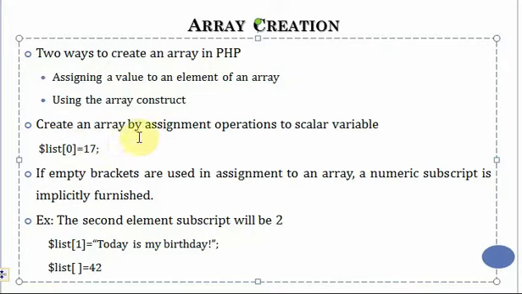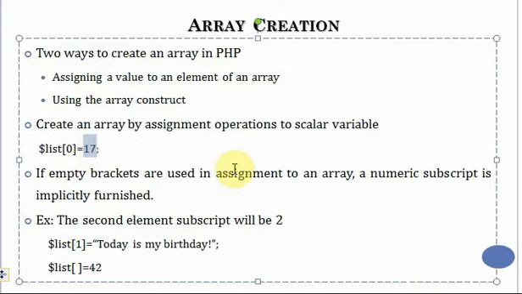So create an array by assignment operation to scalar values. What does this example say? It creates a scalar variable, that is list, with the key 0 and the element 17.